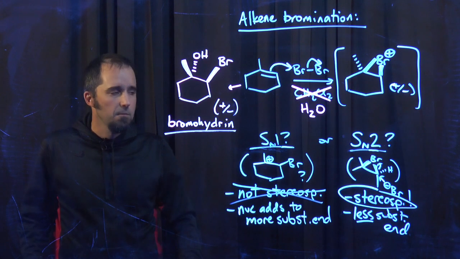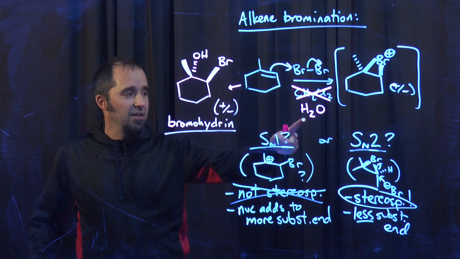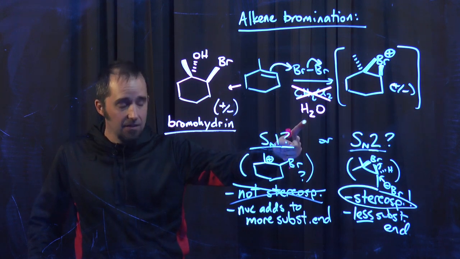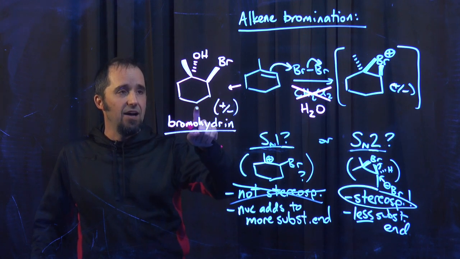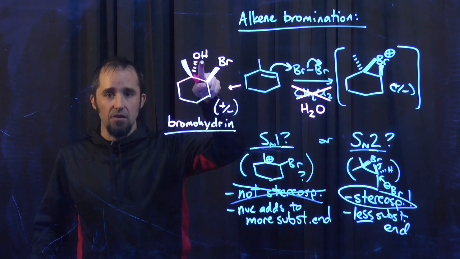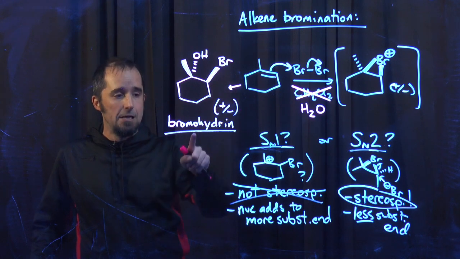So here's a twist. If I run this in water, so if my solvent is at least a little bit nucleophilic, what'll happen is I'm going to end up with the nucleophile opening up this ring. So here, this is from the solvent. I end up with my OH trans to my bromine. This is called a bromohydrin, right?